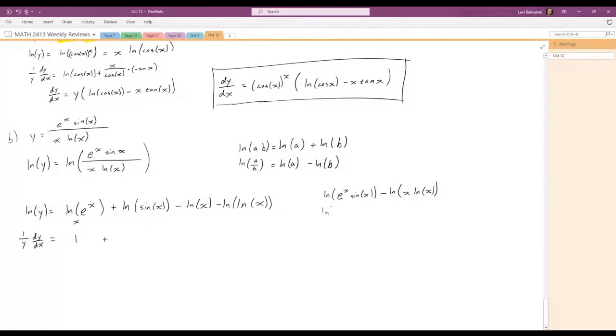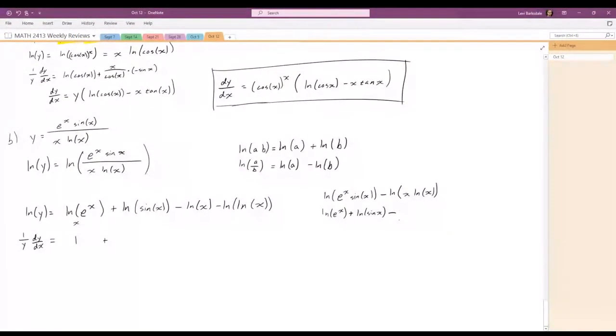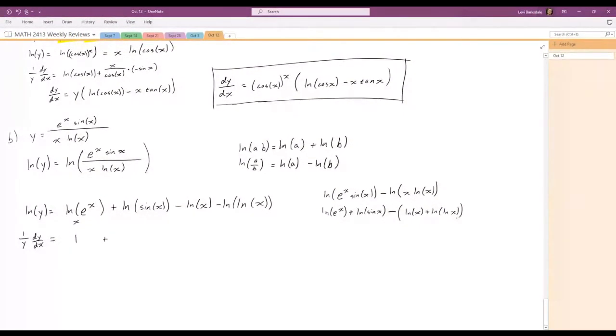And then I can apply my multiplication rule, but then I would distribute my negative to both of these. So that's why we have a negative right here. Okay.